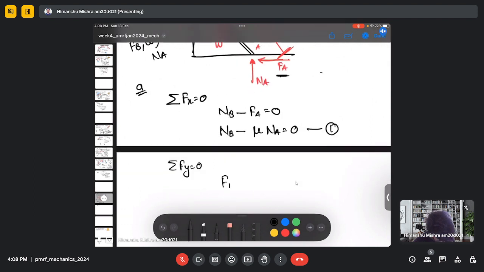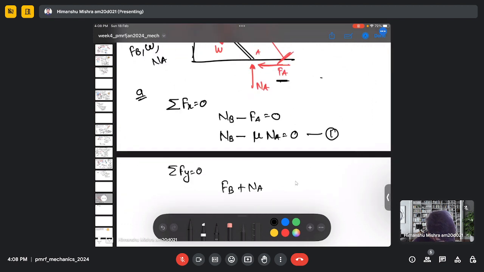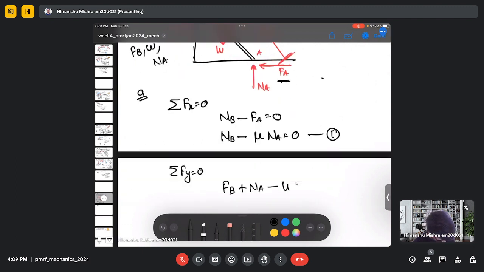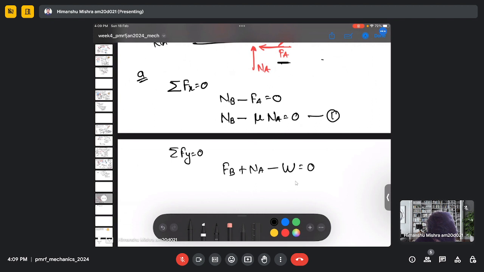So it will be FB plus NA minus W equal to 0. And this is mu NB plus NA minus W equal to 0.